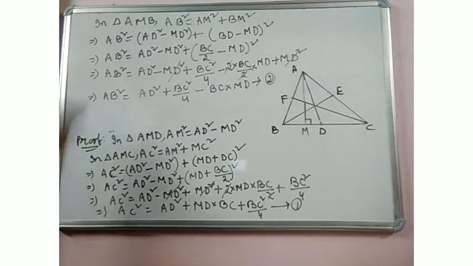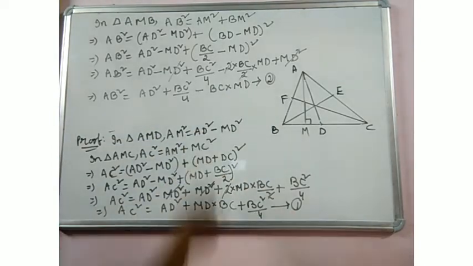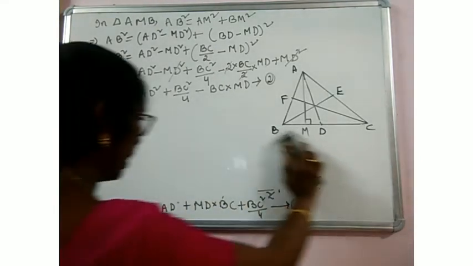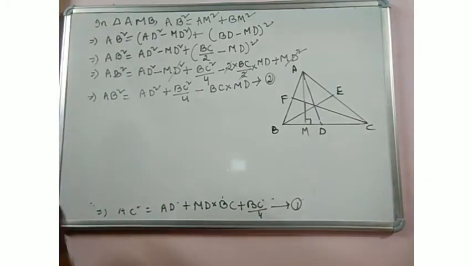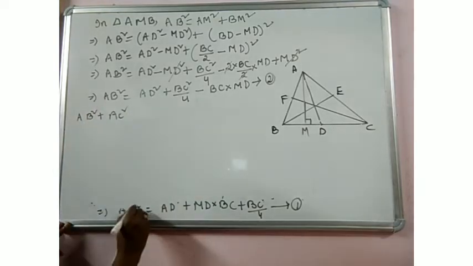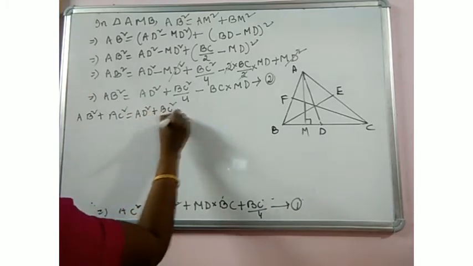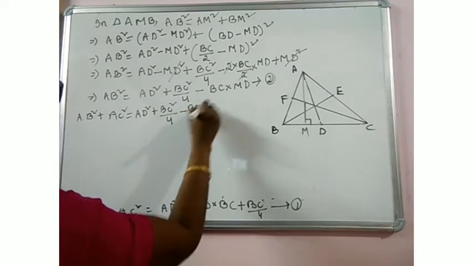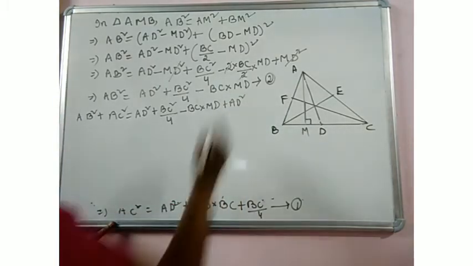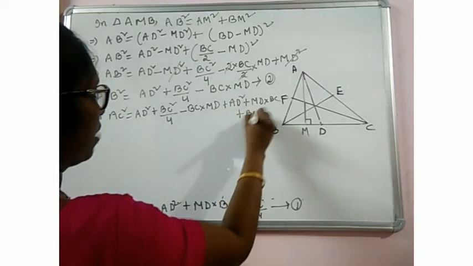Now let us add AB square and AC square, which we have taken as first equation and second equation. Let us add these two equations. So AB square plus AC square is equal to AD square plus BC square by 4 minus BC into MD, plus AD square plus MD into BC plus BC square by 4.